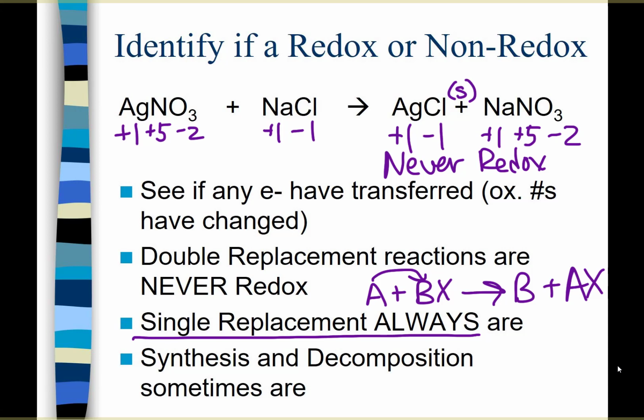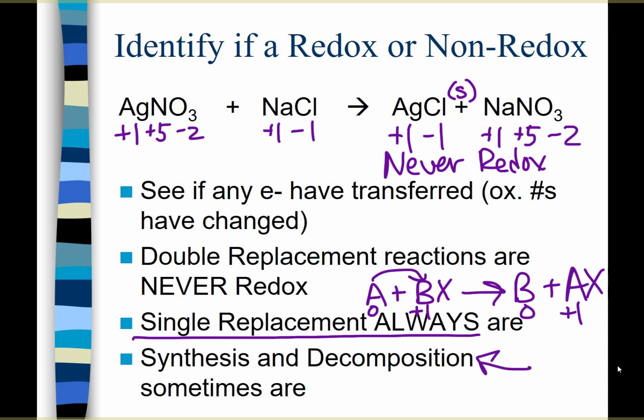This is always a redox reaction, and that's because, remember, when you assign oxidation numbers to elements, they are neutral. And you can see that your element is going to go into a compound, so now it's going to have an oxidation number. And then this one is going from having an oxidation number to having 0 as my oxidation number.